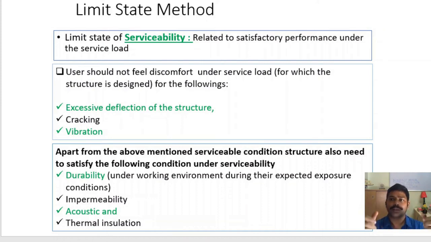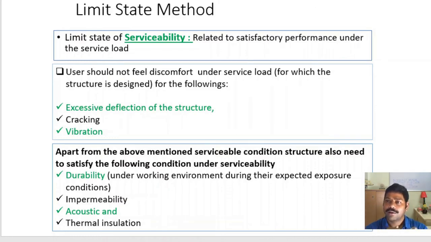Suppose in a toll plaza you have constructed one building, with two columns on the sides of the road, and at the top of those columns you have made one floor, and the two columns are connected by a tie beam below the road. Now when a truck or heavy vehicle goes, the tie beam can go down, and due to that the columns will try to come close.